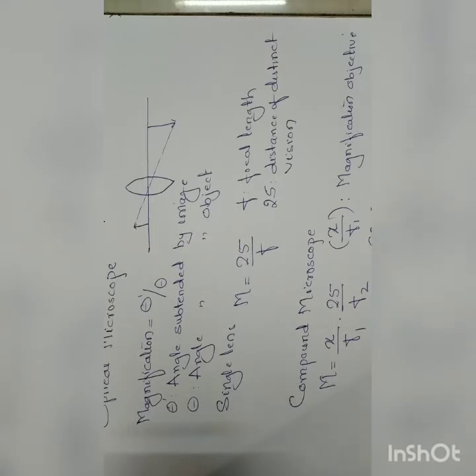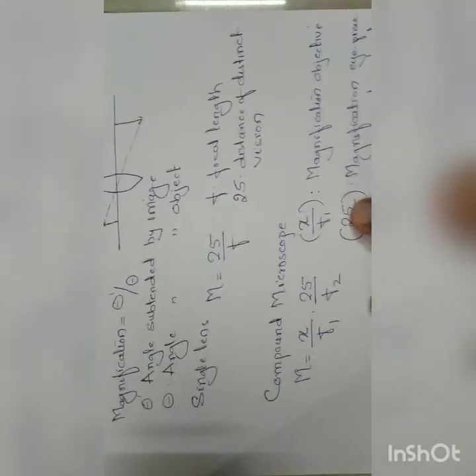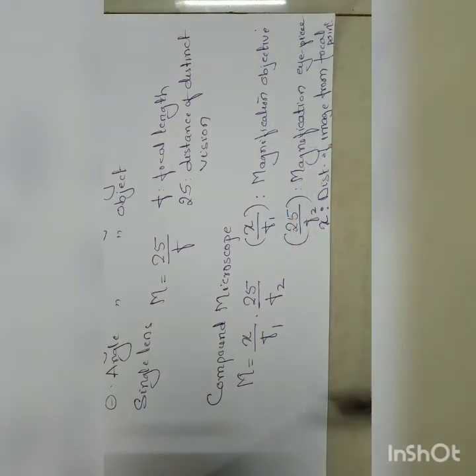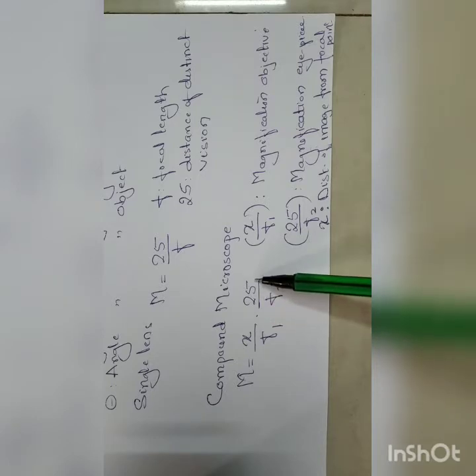Then in order to improve magnification and resolution, we can have compound microscopes, where we use more than one lens so that you can have good magnification. In a compound microscope, we have an objective lens and an eyepiece. In the case of a compound microscope, the magnification is given by two terms, x divided by f1 into 25 divided by f2.